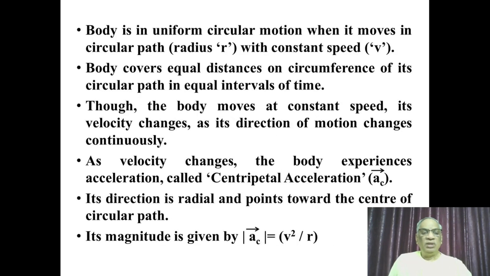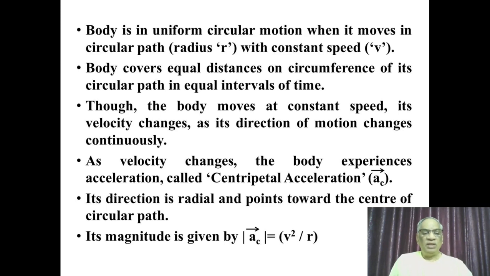When a body is moving in uniform circular motion, it moves in a circular path with a constant speed v. The velocity is changing direction. The body covers equal distances on the circumference in equal intervals of time. The body moves at constant speed, but the velocity changes as its direction of motion changes continuously.